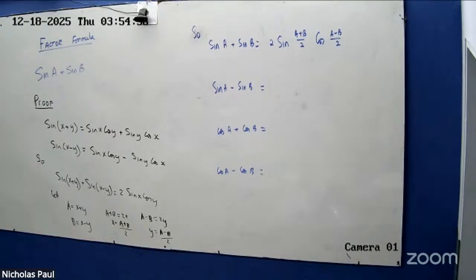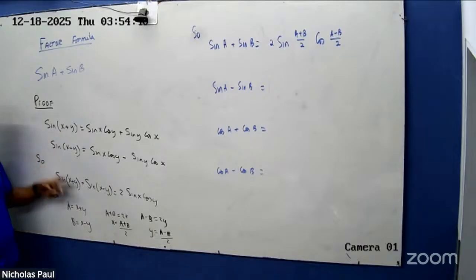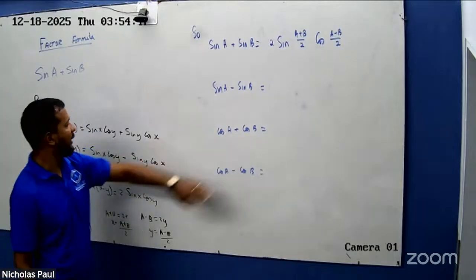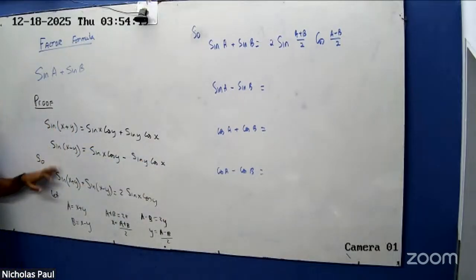You will start with sine A minus B. When you reach here, instead of adding, you will subtract. And the person doing cos, instead of sine, you just do cos. Pick any one and then you'll get the next two answers down.